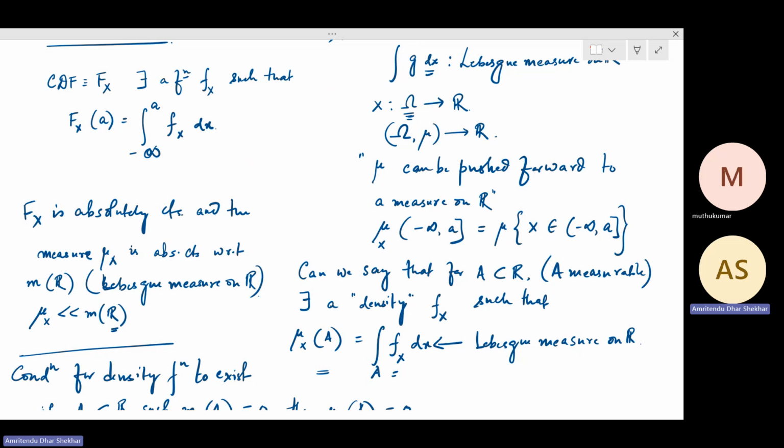One thing to keep in mind is that a density function will not exist if you have a random variable which assigns a non-zero mass to a point. So in other words, discrete random variables cannot have a density, right?